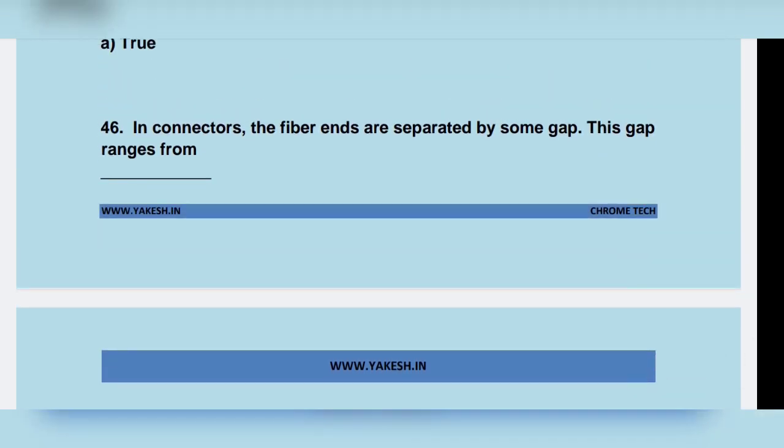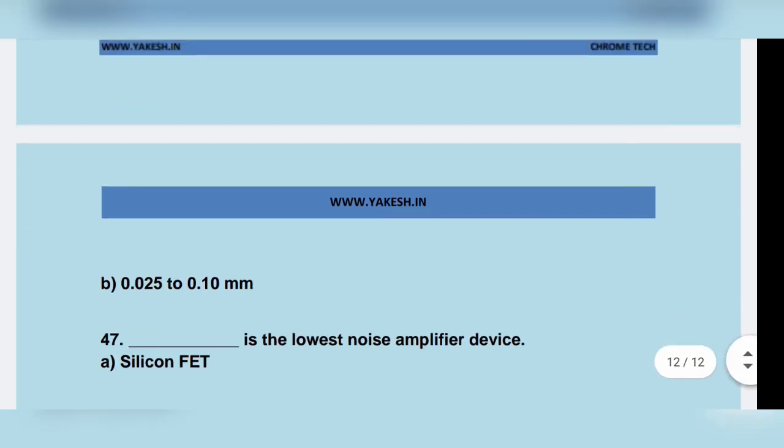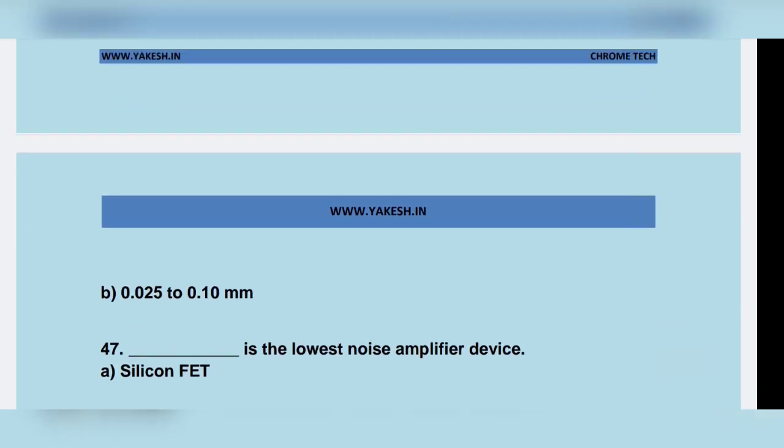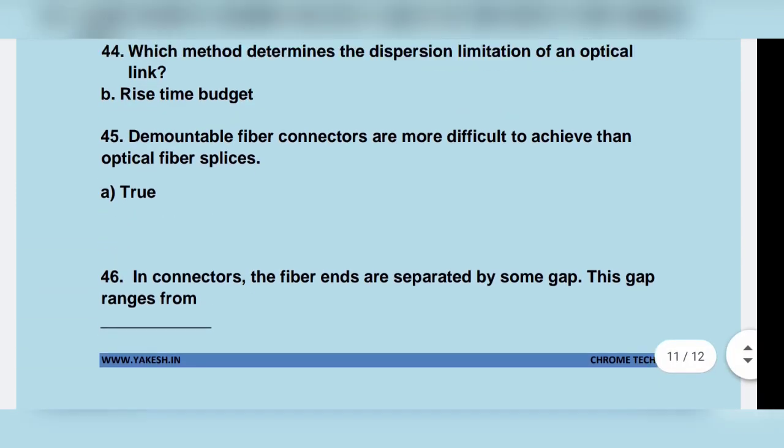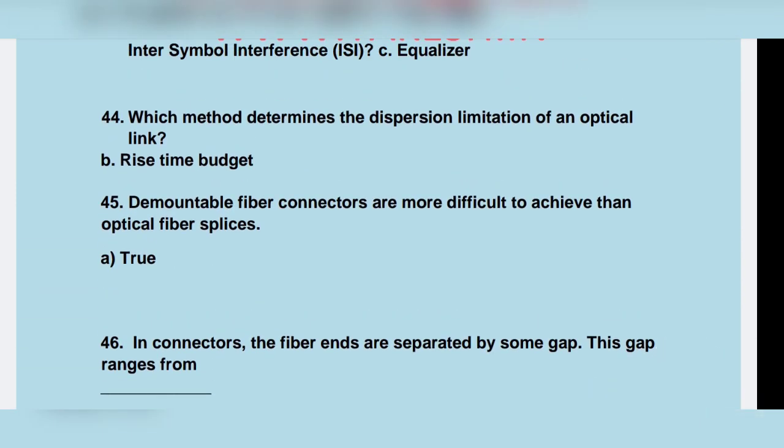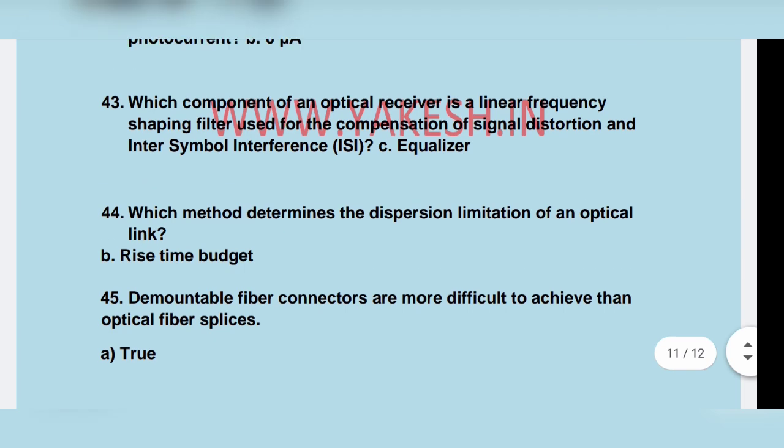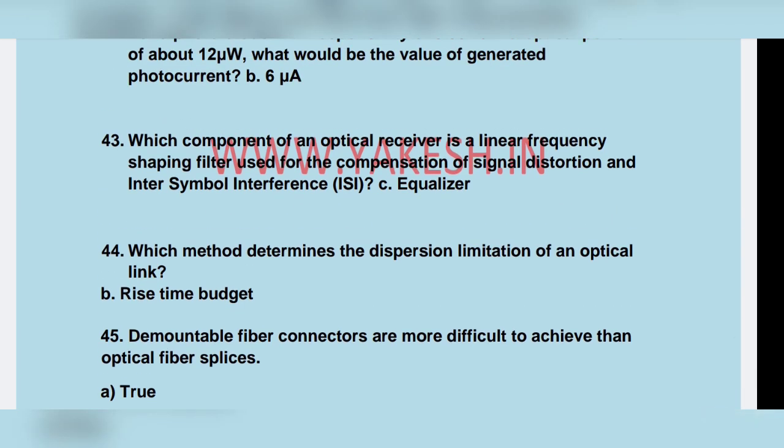In the connector, the fiber ends are separated by some gap. This gap ranges from 0.025 to 0.10 mm. Demountable fiber connectors are more difficult to achieve than optical fiber splices. Option A, true. Which method determines the dispersion limitation of an optical link? Rise time budget.